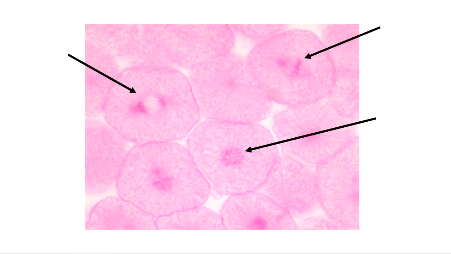So let me make this here on our slide. When you're thinking about the phases of mitosis, the way to remember what the parts of mitosis are is PMAT. We start with prophase, then we move into metaphase, then anaphase, and finally telophase.